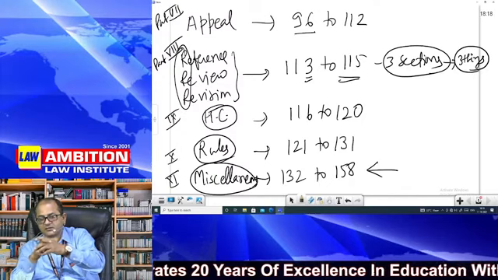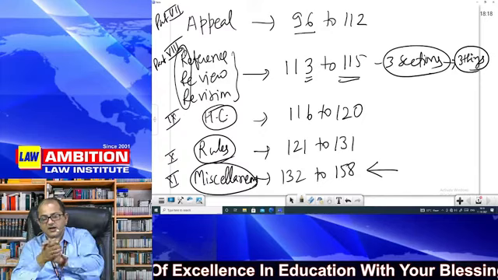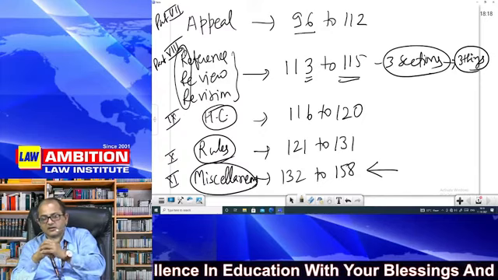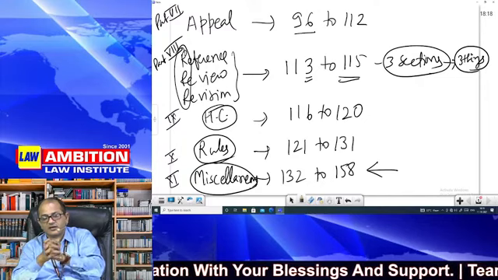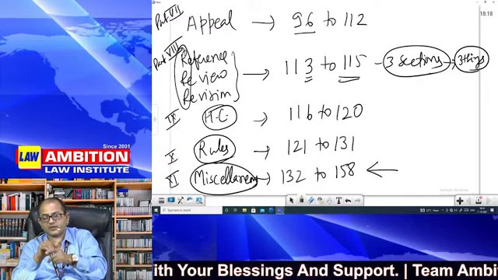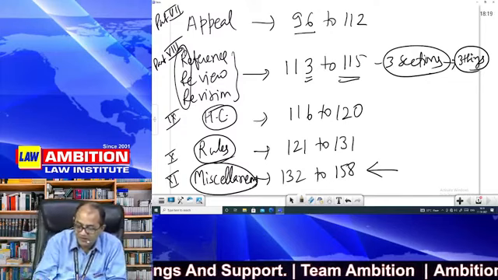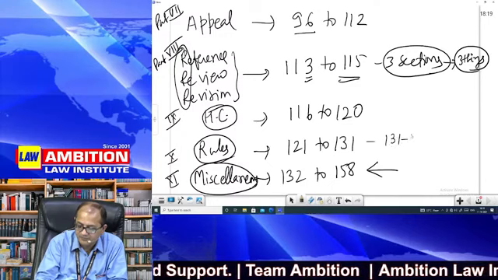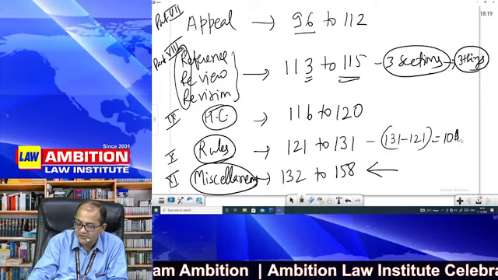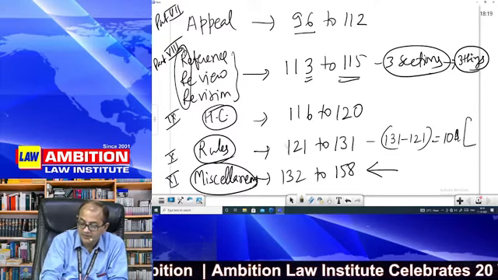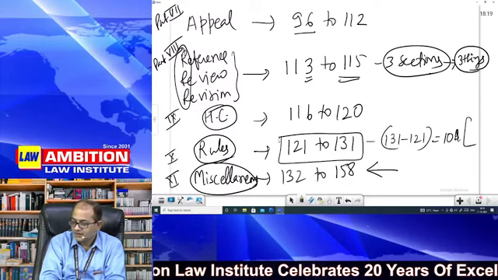First is appeal, second is the reference, review, revision, 3 sections, 3 things, 113 to 115, then High Court, 116 to 120, then rules 121 to 131. Now 10 sections in the sense that 131 minus 121 is 10 sections, equal to 10, but it is 11 sections. When it will be counted, it is 11 sections, mind you. Is this clear?